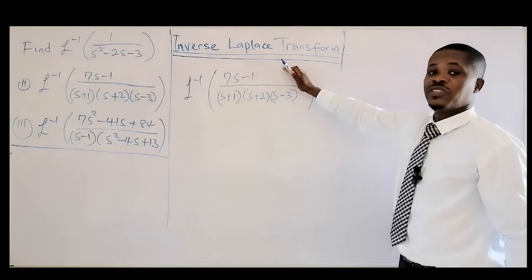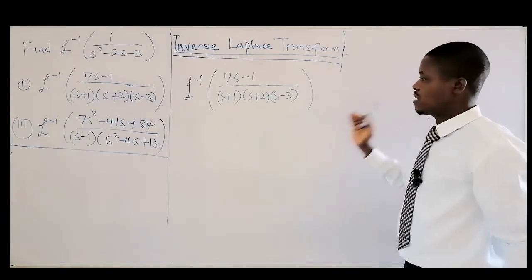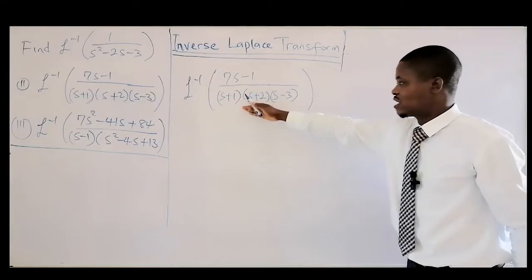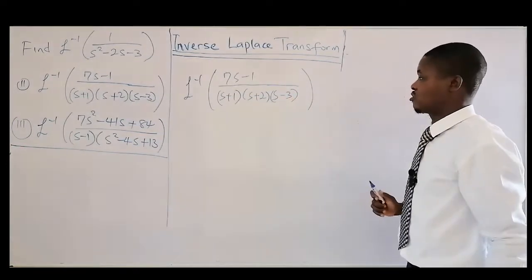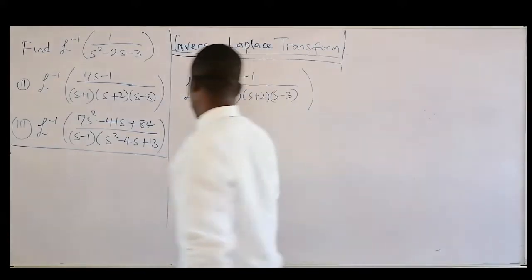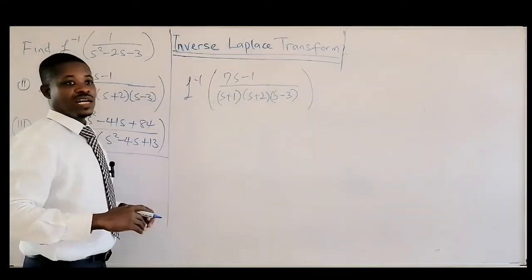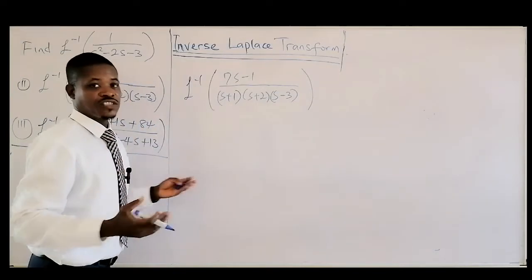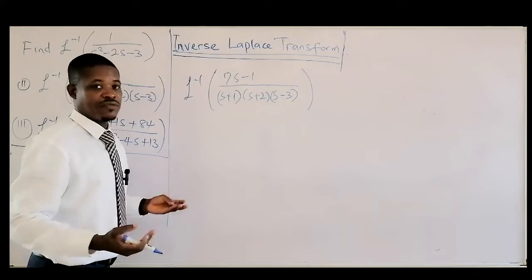So the degree of the numerator is less than that of the denominator. We are lucky here that we have 3 different linear factors. So what we first have to do is to solve this fraction in partial fractions before we do the inverse of that expression.